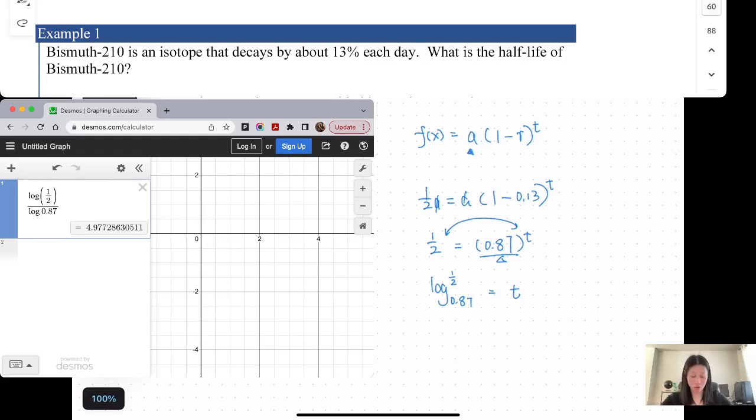So I get the answer, T equals 4.977, which means it takes approximately 5 days for bismuth-210 to decay to half of its original mass.